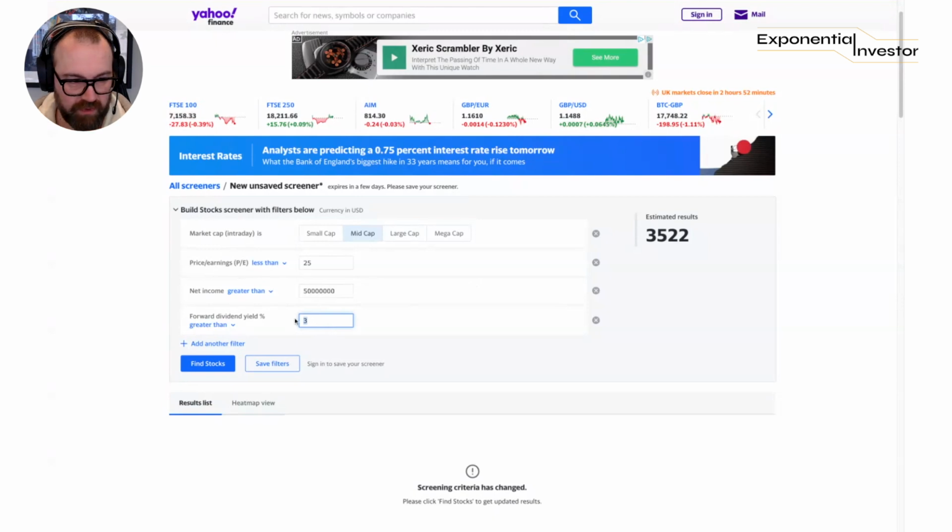Let's refine this right down. Let's add in some small caps. Let's find price to earnings ratio less than 12 with net income greater than 50 million and a forward dividend greater than 5. Okay, let's have a look. Let's see if that brings up something interesting.